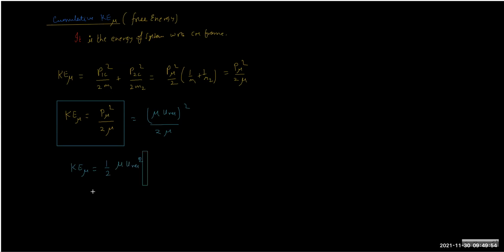And now this is again simple. It's half m v squared, with v replaced by U relative, whole squared. It need not be U only; I'm saying this is the relative velocity, v relative.